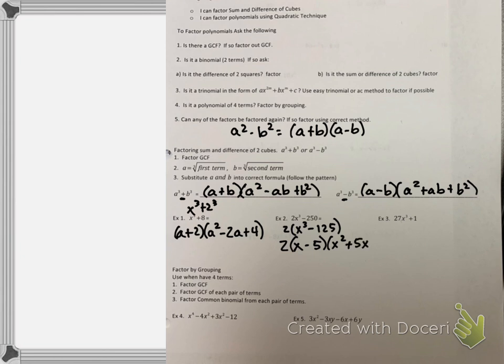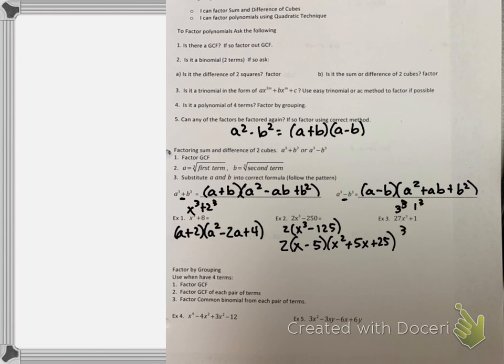So plus 5x, and then we do know 27 is a perfect cube. X cubed is a perfect cube, and 1 is, because 1 times 1 times 1 is 1. So 27 is 3 cubed, okay? So let's take the cube root of both of those, and 1 is 1 cubed.